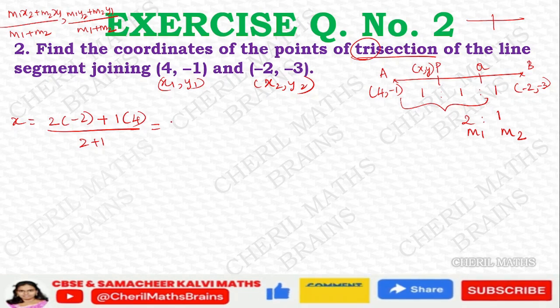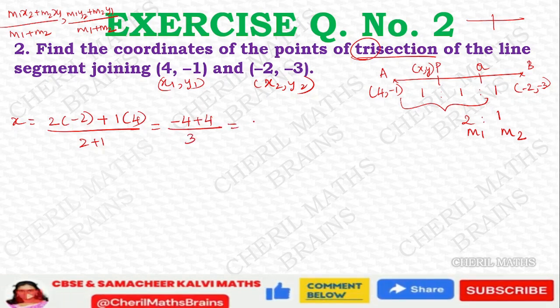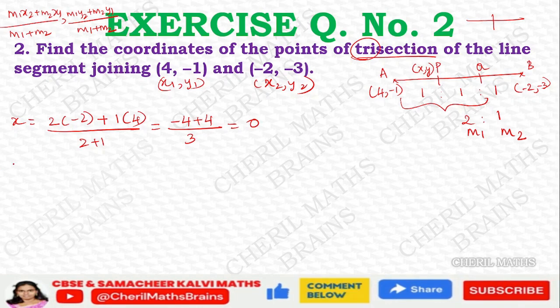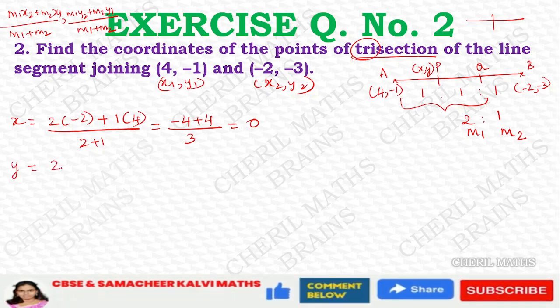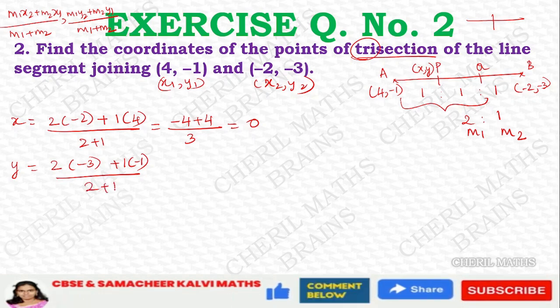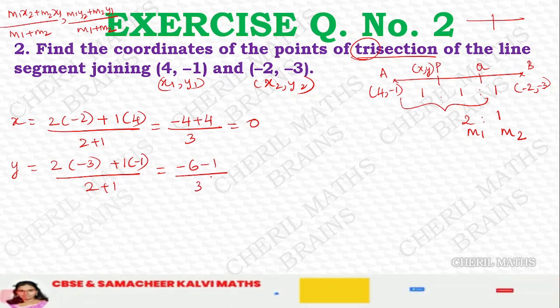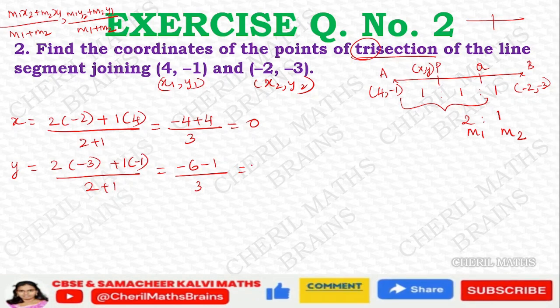So this is minus 4 plus 4 divided by 3, which is 0. Now for the y coordinate: 2 into minus 3 plus 1 into minus 1 divided by 2 plus 1. This will be minus 6 minus 1 divided by 3, which is minus 7 divided by 3.